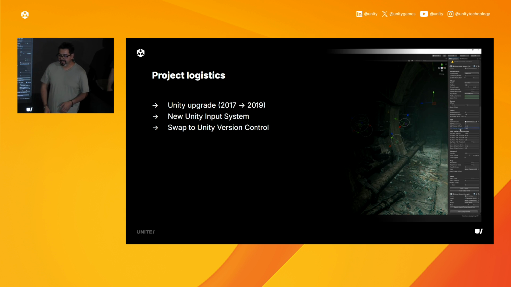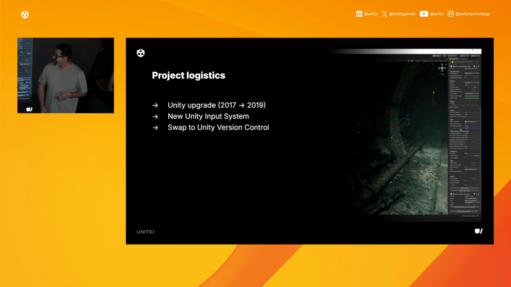The second thing we did was re-implement input in the game. This was for many reasons, but ultimately we re-implemented it using the new Unity input system, and Mobius Digital was able to adopt both of those changes, and were able to release the game on multiple platforms with these new implementations.